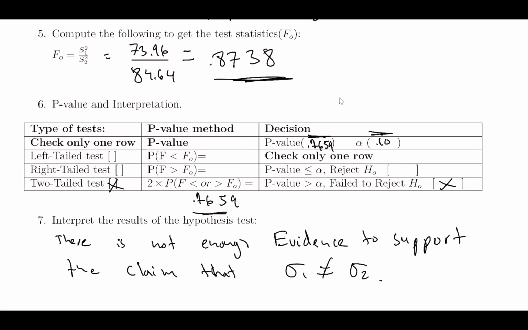So for this one, we're stating there's not enough evidence to say there's a significant difference between sigma 1 and sigma 2. And that's it for the second example. Any question for the second example?